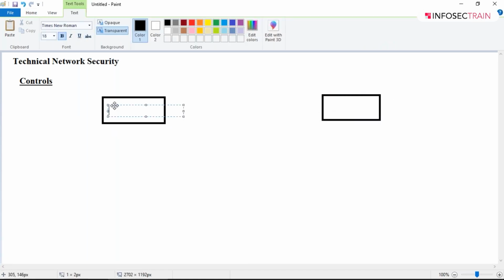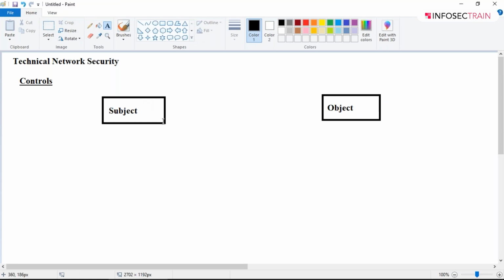So what is a subject, and what is an object? A subject can be any person, any software, any process, anything that requires resources. The resources that the subject is looking for are known as the object. It can be anything that is looking for a resource.